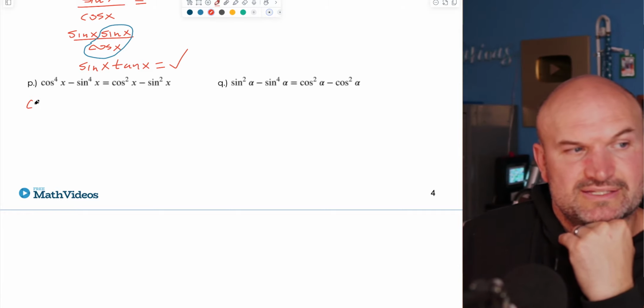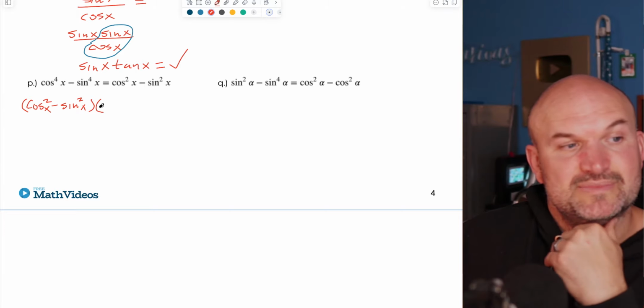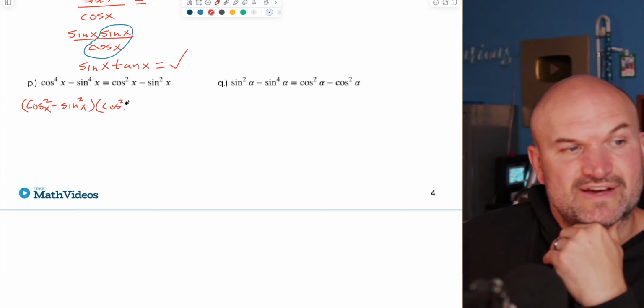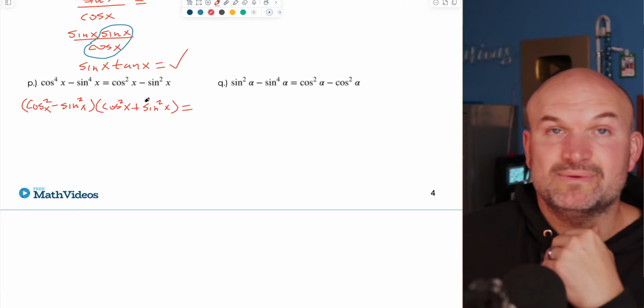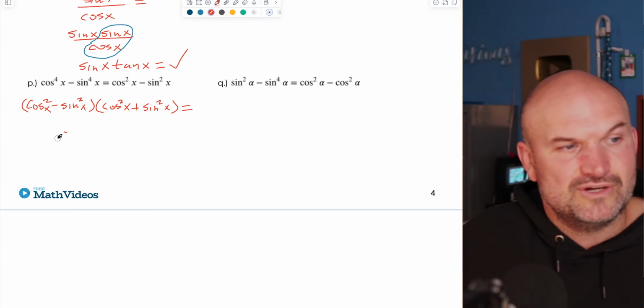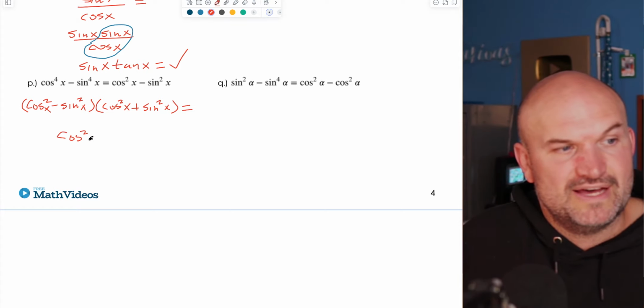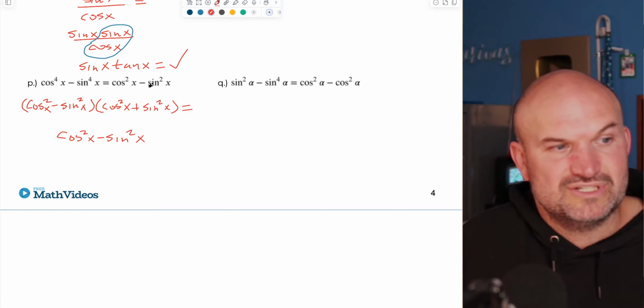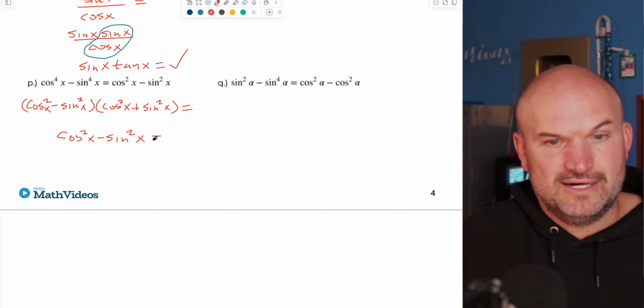So I can rewrite this as a cosine squared minus a sine squared, these are all of x, times a cosine squared of x plus a sine squared of x. Now, what do we again remember about cosine squared plus sine squared? That's equal to 1. So I'm just going to be left with a cosine squared of x minus a sine squared of x, which is exactly what we're looking for here on the right-hand side.